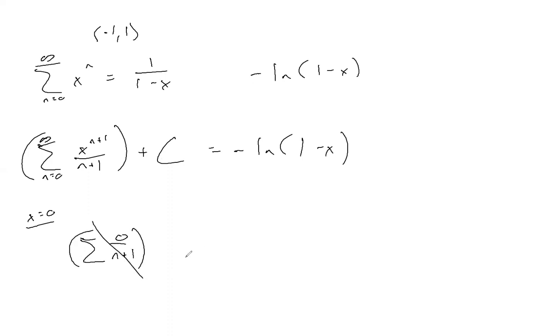So this is just going to be 0, and then I've got plus c, equals the right side. What happens when I plug in 0 on the right side? I get ln of 1 minus 0, which is ln of 1. That's 0, so negative times 0 is just 0. So I get c equals 0. Boom. So that means in this particular case, this constant is just equal to 0.